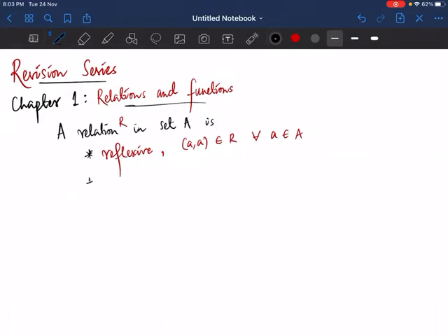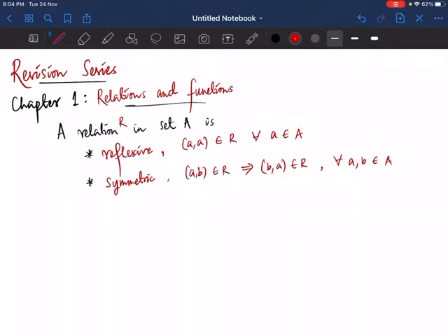Now when can we say that a relation is symmetric? We can say it to be symmetric when (A, B) element of R implies that (B, A) element of R, again for all A, B element of A. So for all elements A, B of the set capital A, if we find that A and B have a relation between them, then that must imply that B and A also have the same relation.